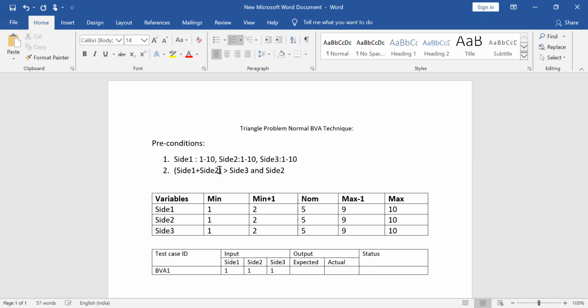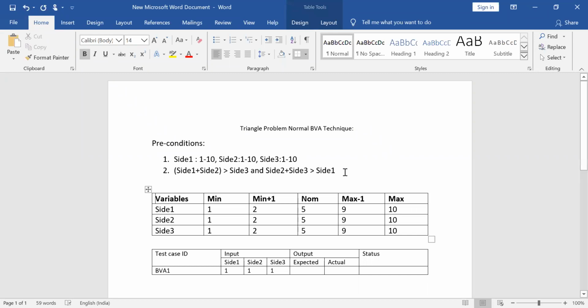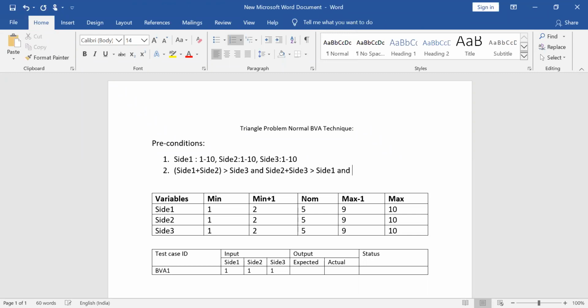Side 2 plus side 3 should be greater than side 1, and side 3 plus side 1 should be greater than side 2.